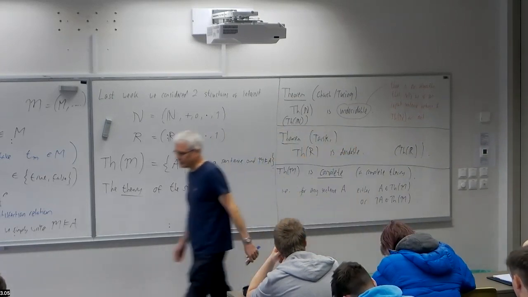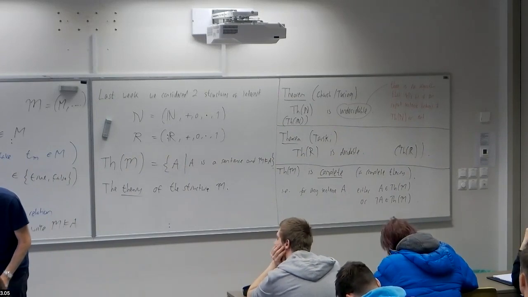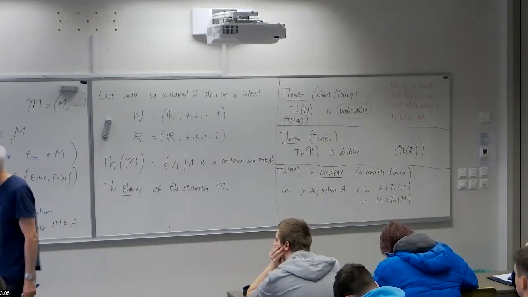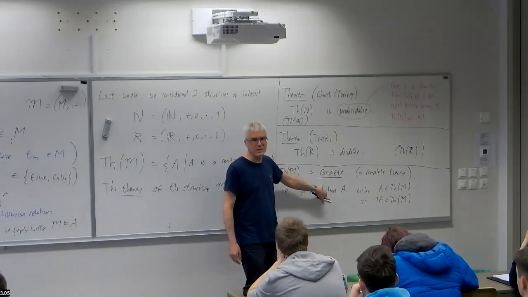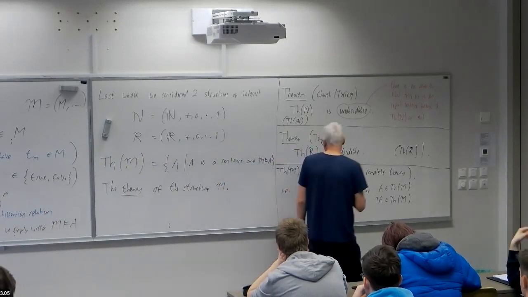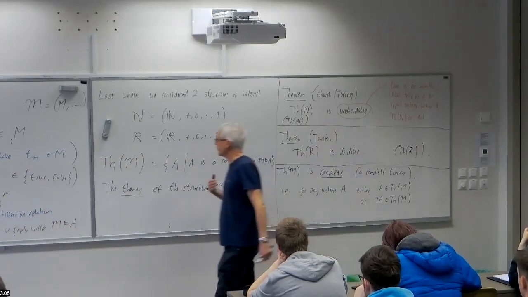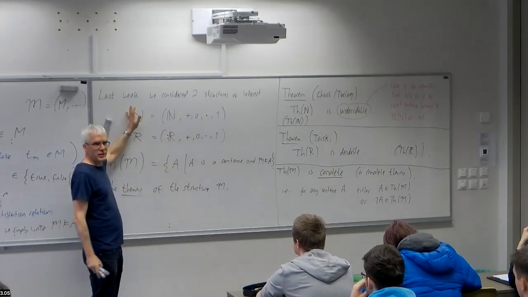Okay, so that's the notion of a complete theory. So when might a theory not be complete? Well, we'll get to that in a little bit, but we get to it by considering something a bit more general than the situation we've been looking at.